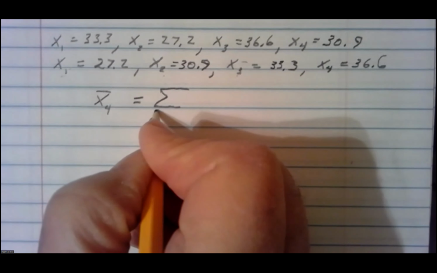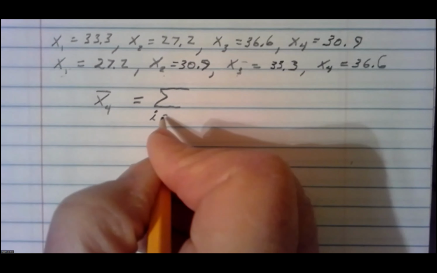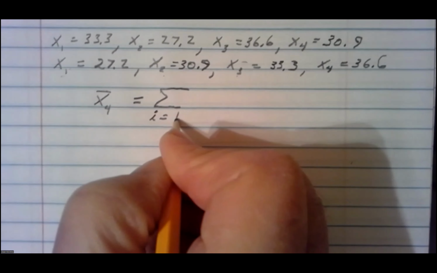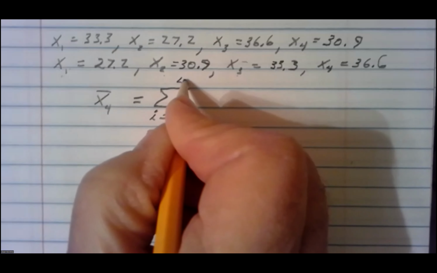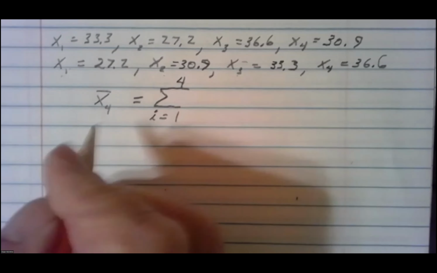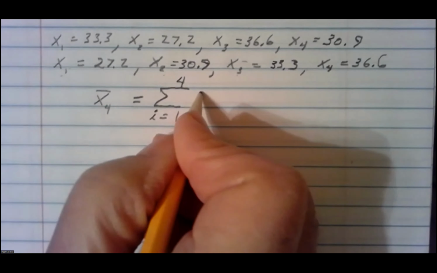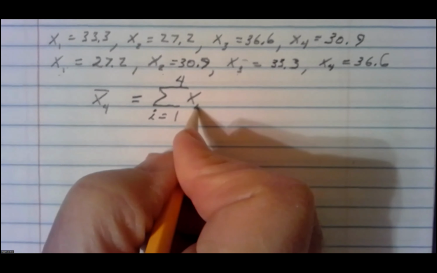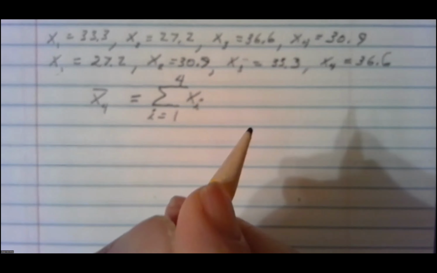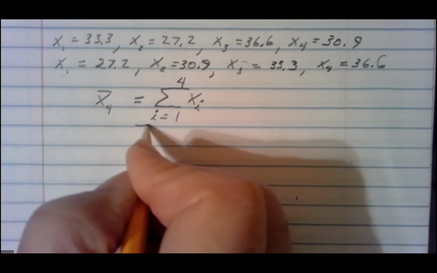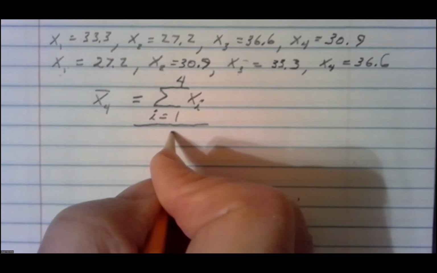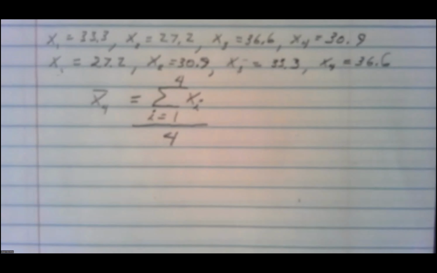This i is just a dummy variable called an index, i going from 1 to 4 in this case, of X sub i, all divided by the number we have, which is 4.